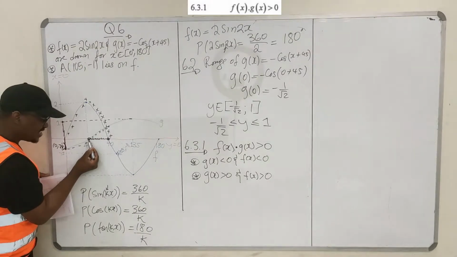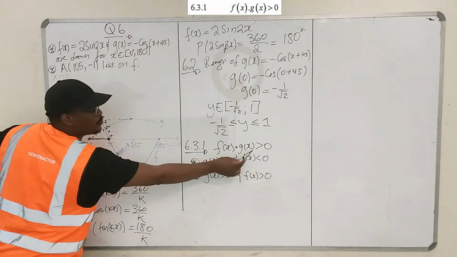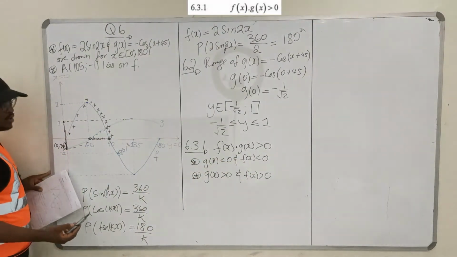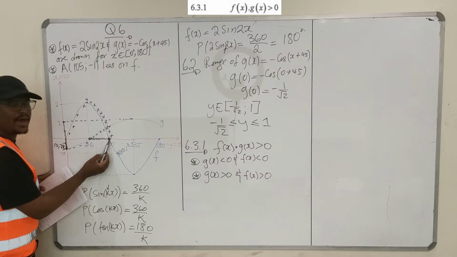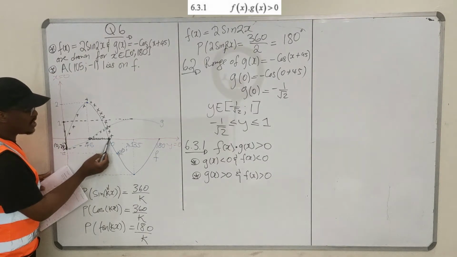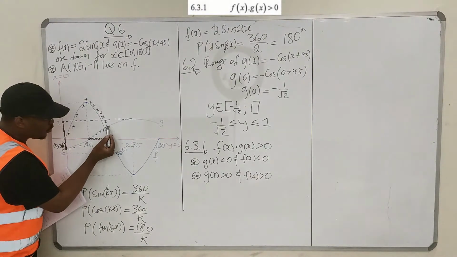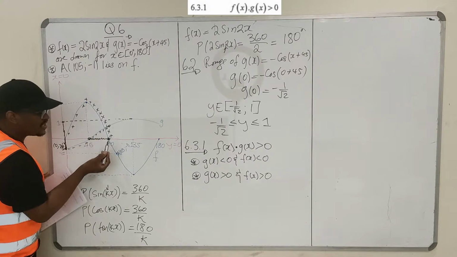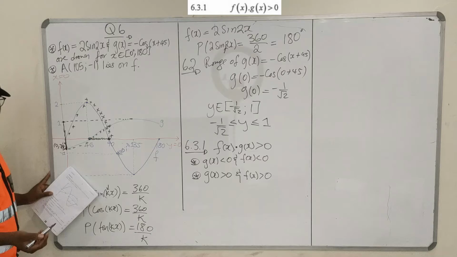And at 45 it's 0, so you can't include it, because 0 times that, your answer would be 0, but you want your product to be above 0. Even 90 degrees, you won't include 90. Why? Because at x equal to 90, your g is 0. So if you multiply this 0 and that point, it will be 0. And you don't want your product to be 0. You want your product to be above 0.